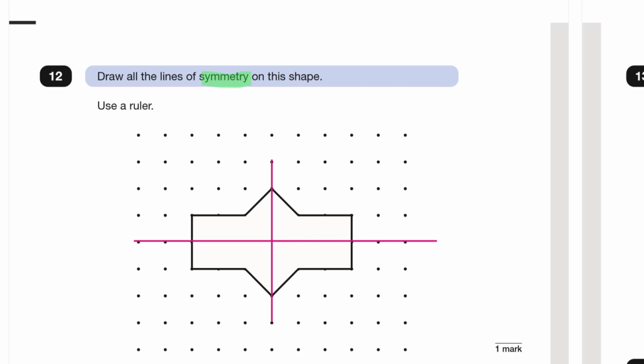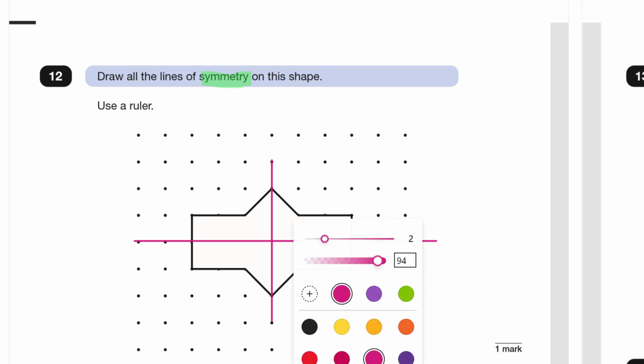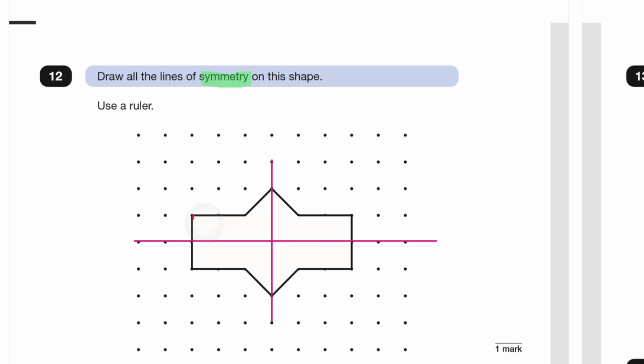Are there any else? Now be very careful, because I've seen some people draw symmetry lines from the corner to the corner like this. But if I was to fold my shape along that line, then it's not going to be equal. You can see this little bit is quite small, but that bit is quite big.